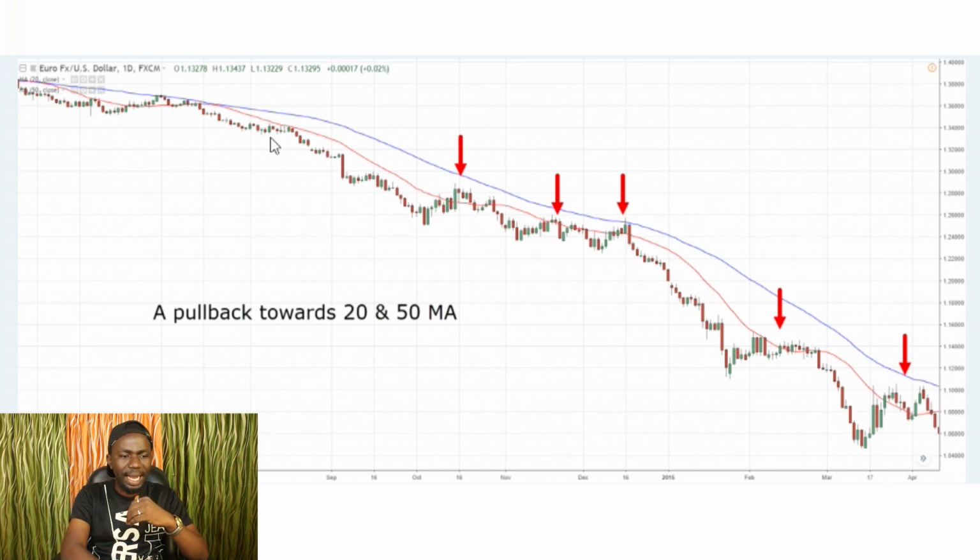If you are buying at this level, you are wasting your time because you're going to lose so much. That is why I keep saying trade in the direction of the trend. The buyers are not active at all. The sellers are the ones pushing the price down.